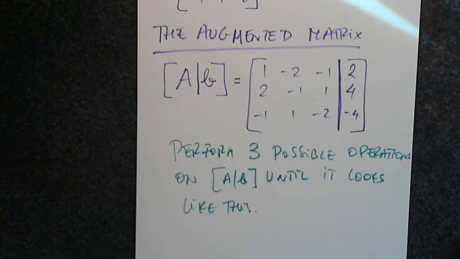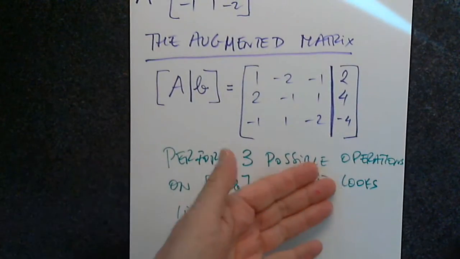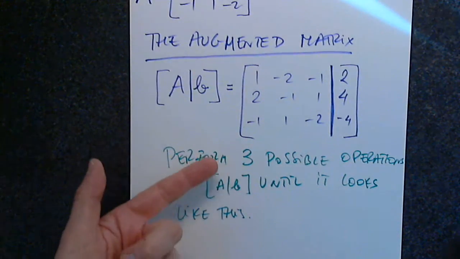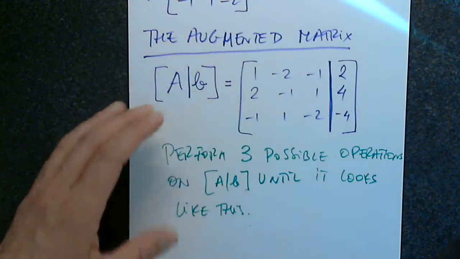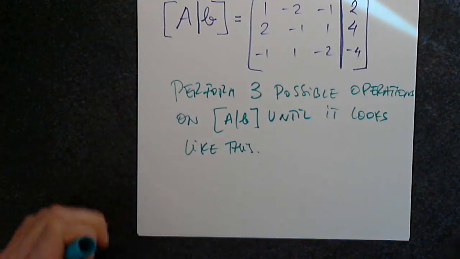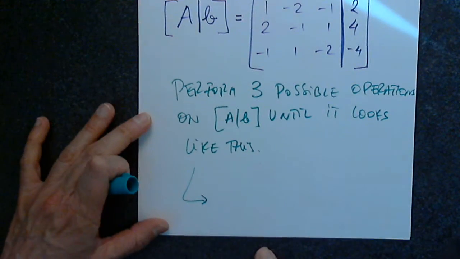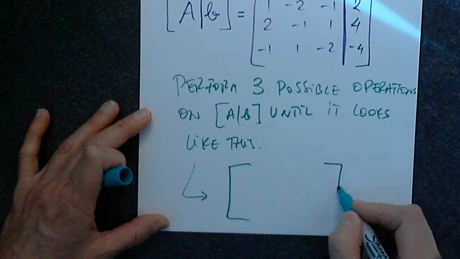You can ask, what are those 3 operations? I haven't talked about them yet. I will in a minute. I'm allowed to only perform 3 operations on the augmented matrix, but this is my dream. My dream is that at the very end, I will get this.